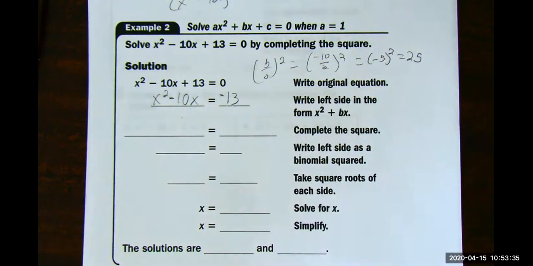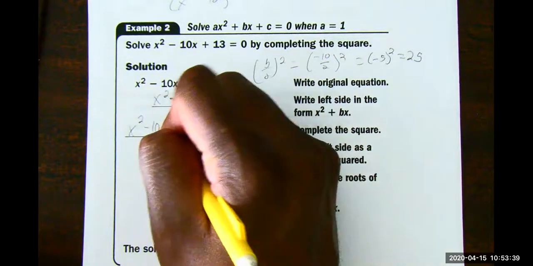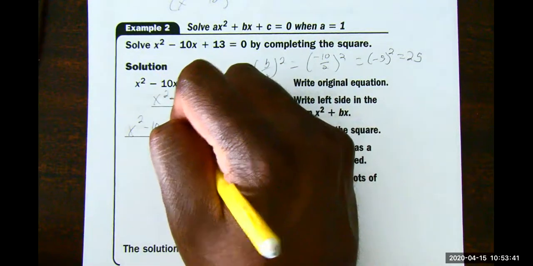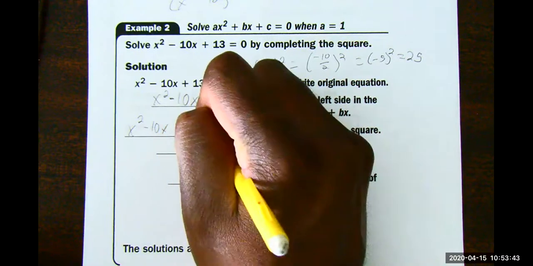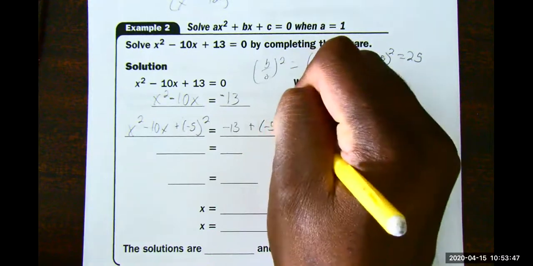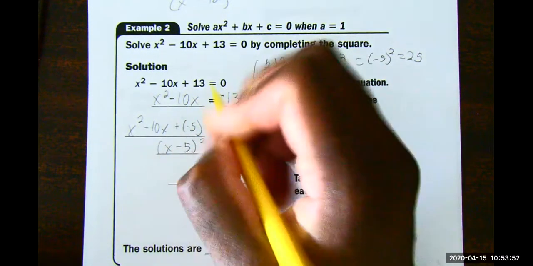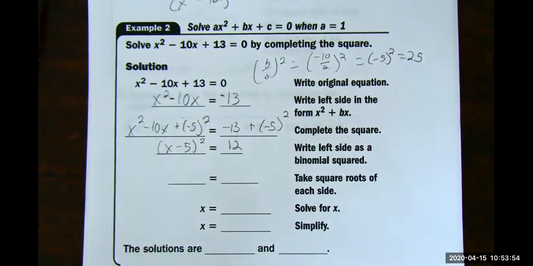And then we simplify. Factoring we get, and simplifying we get.